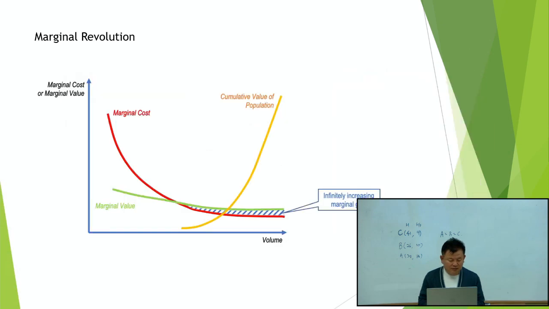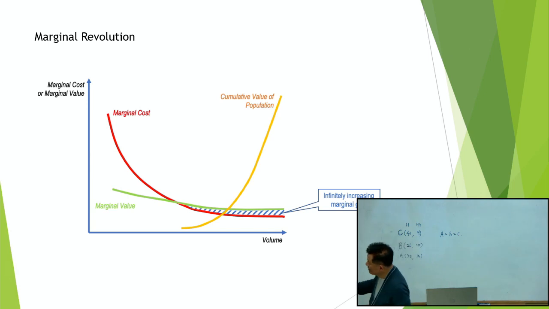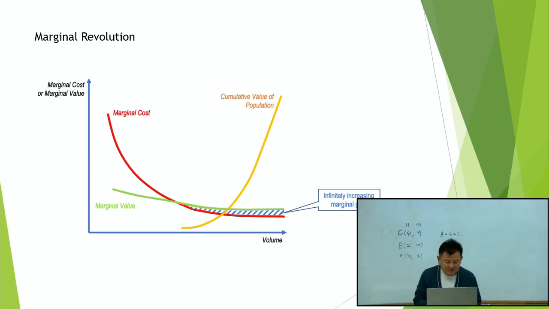So the marginal revolution shows these pictures. Marginal cost is also rising, and marginal value means infinitely increasing marginal gains. So the marginal cost and the marginal value have some gap. The gap is the marginal gain.